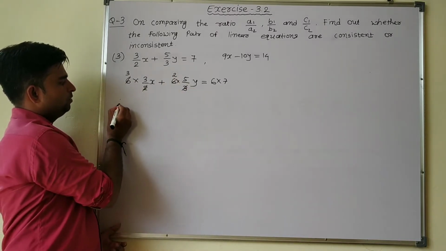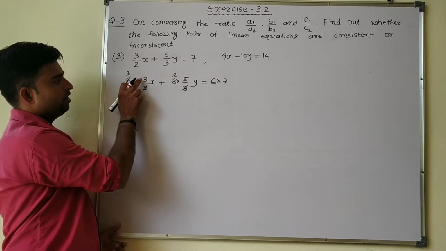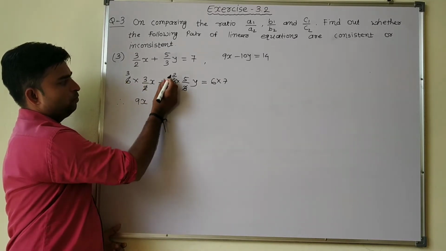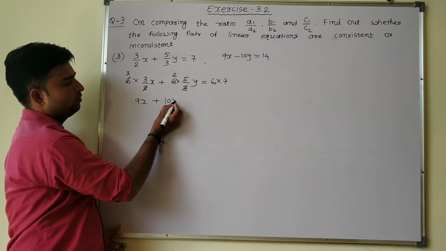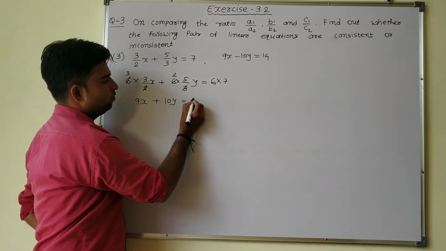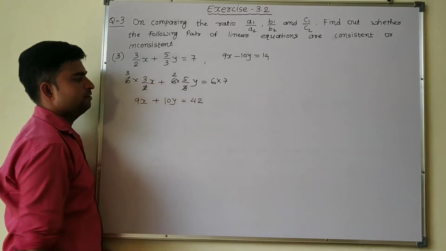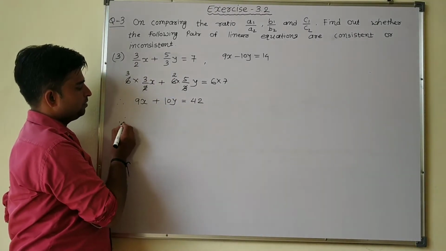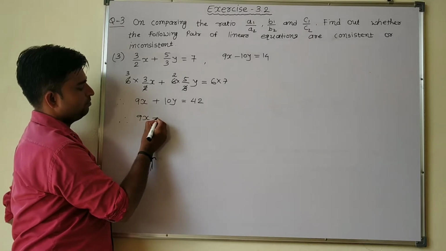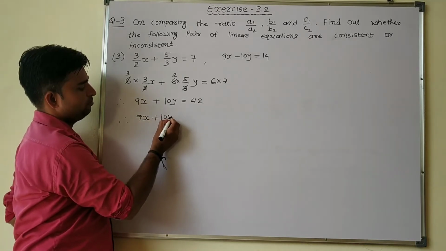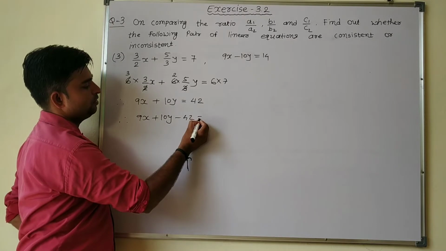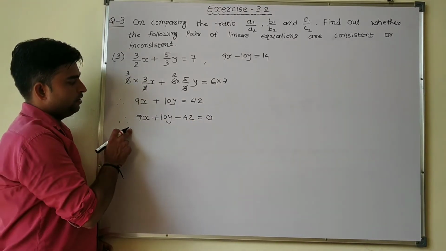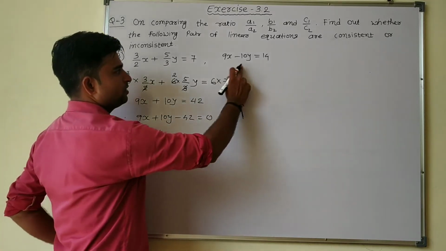So next step, 3 multiplied by 3 becomes 9x and 2 5s are 10y is equal to 42, since 6 7s are 42. Now 42 moves to the left side, so 9x plus 10y minus 42 is equal to 0. So this is the first equation in standard form. Now the second equation.